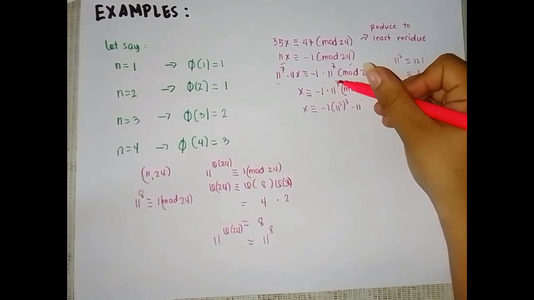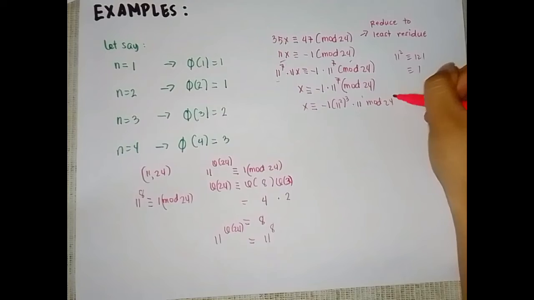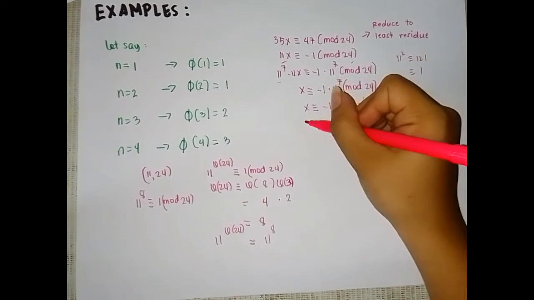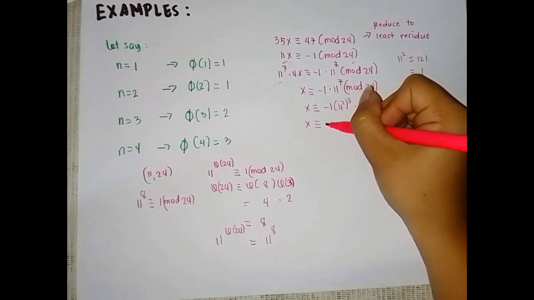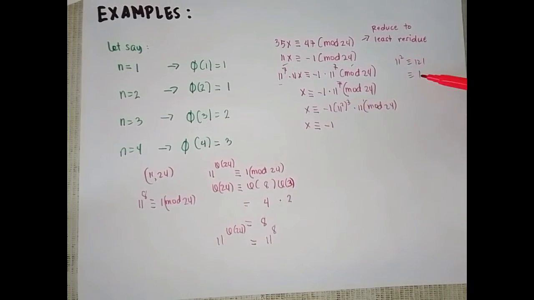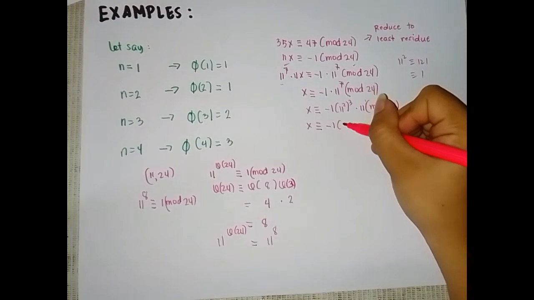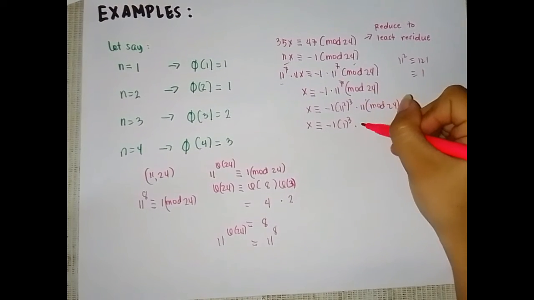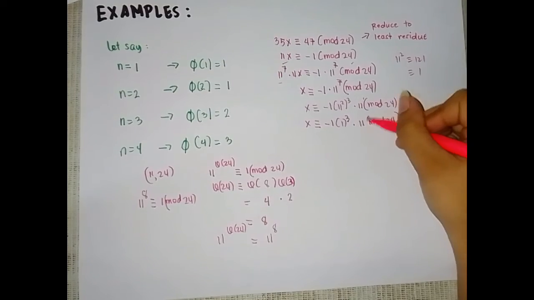So we have 11 to the power of 7, mod 24. There we have x equivalent to negative 1. Then 11 to the power of 2 is 1, so we change 11 to the power of 2 into 1. We have 1 to the power of 3 times 11 mod 24.